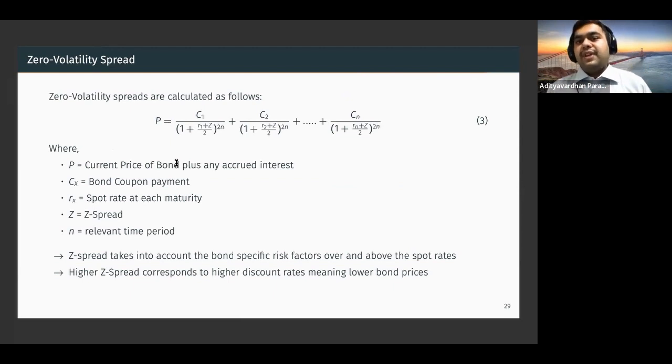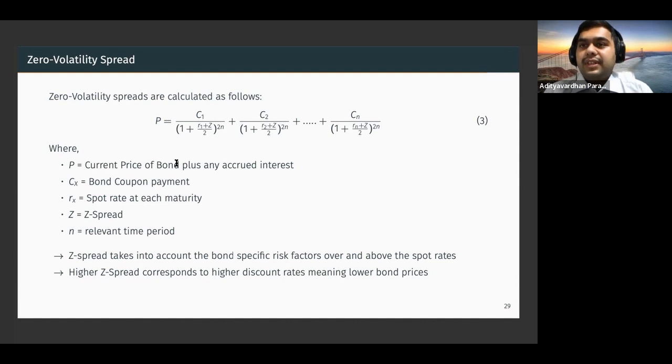So in short, if we have a lower Z spread, this implies that the price at the beginning must be higher. This model is essentially derived from the basic discounted cash flow model. And the z-spread, which is reported in the Bloomberg function, is a combined z-spread over the life of the bonds.